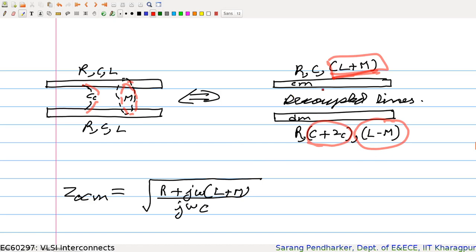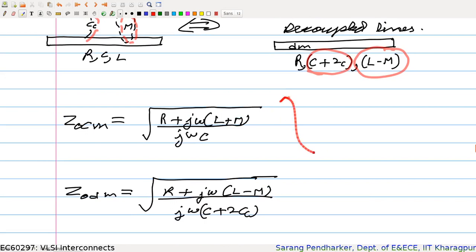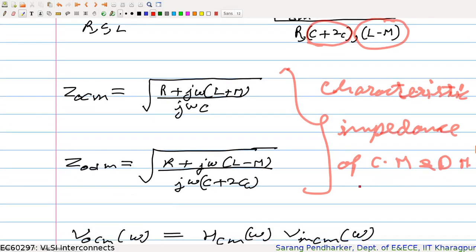So now once you have these two interconnects, you can define all other properties. You can have the characteristic impedance of your common mode and differential mode.